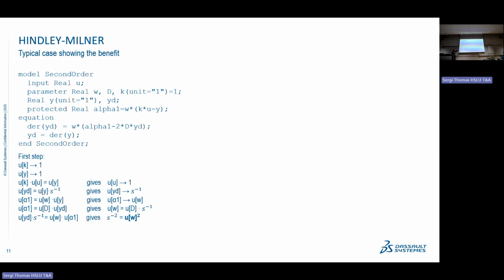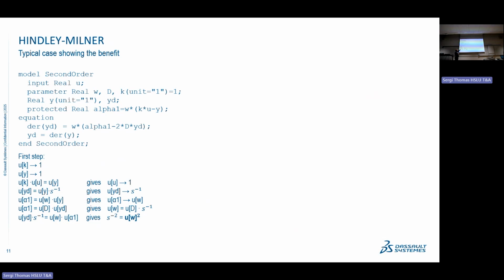And then you get two additional unit equations. The unit of alpha 1 is this one, which is the unit of omega times the unit of the multiplication. And the multiplication has the same unit as y. So you get this one.